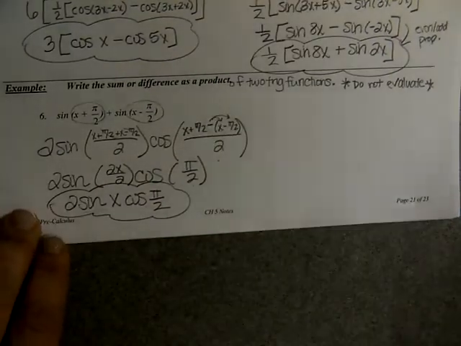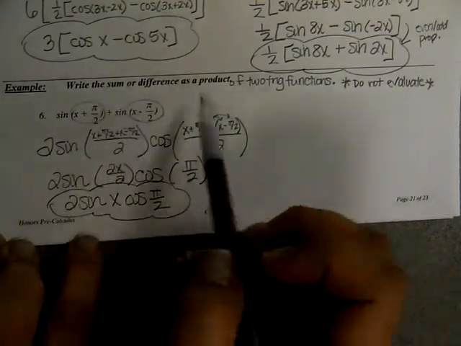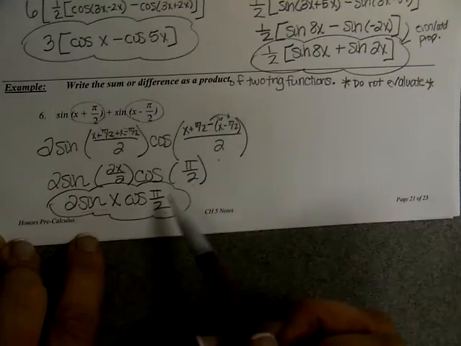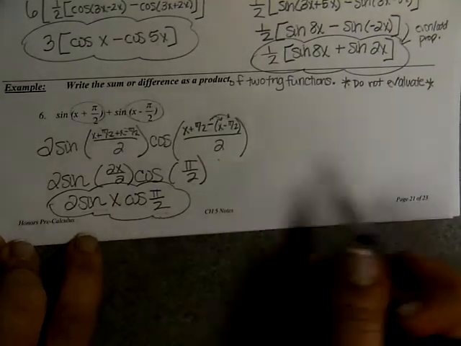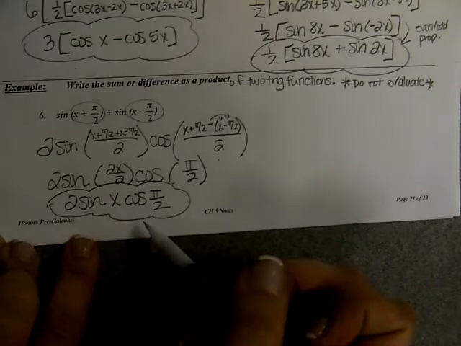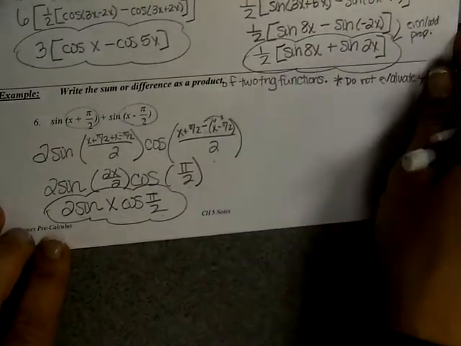So read the directions and don't oversimplify. If the question asks you to write it as a product, then your final answer should be a product. Maybe later we could ask you to evaluate it, but just make sure you're careful of the directions. All right, so we're done with page 1.